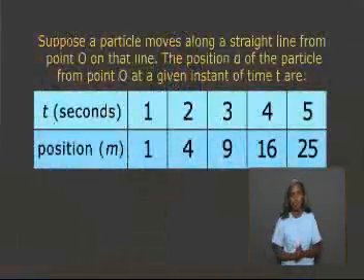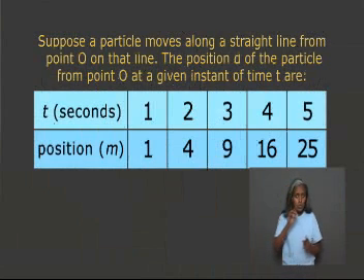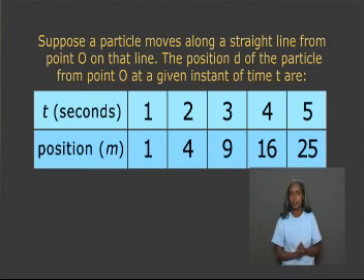Now, let us learn to make a position time graph that is not a straight line. Suppose a particle moves along a straight line from point O on that line. The positions of the particle from point O at a given instant of time are shown here.